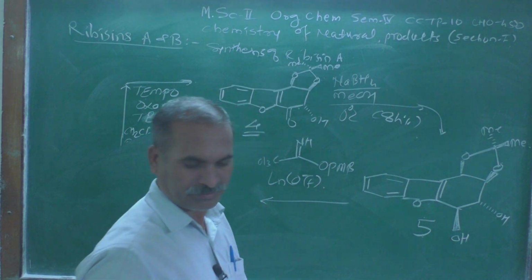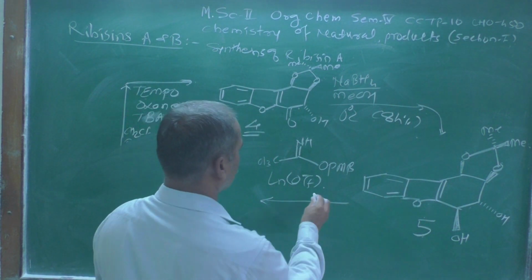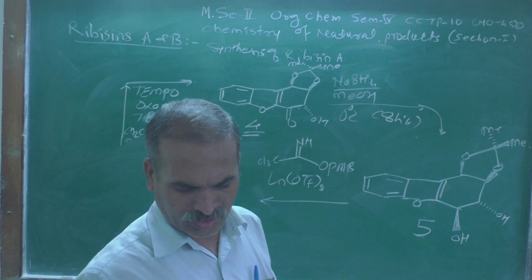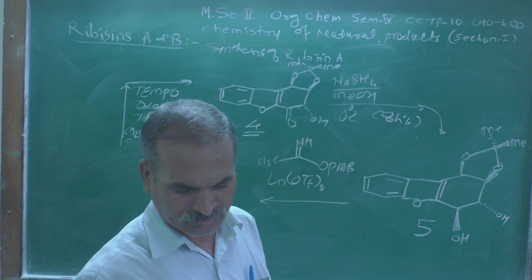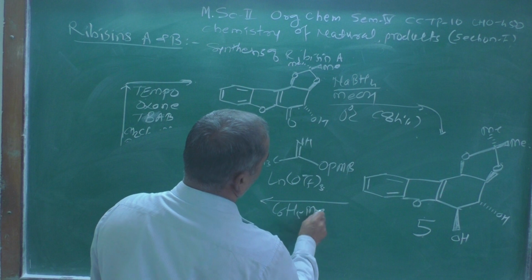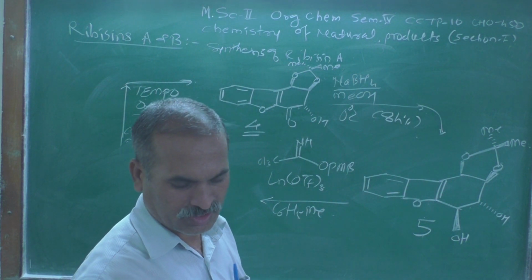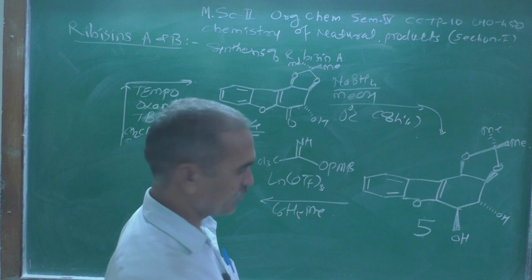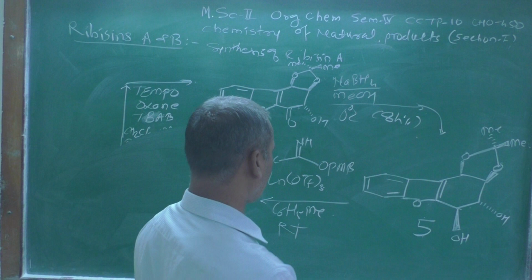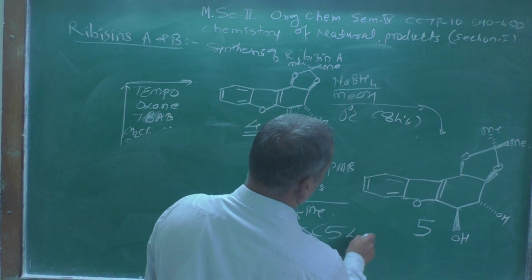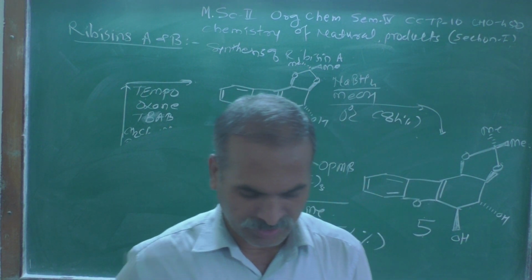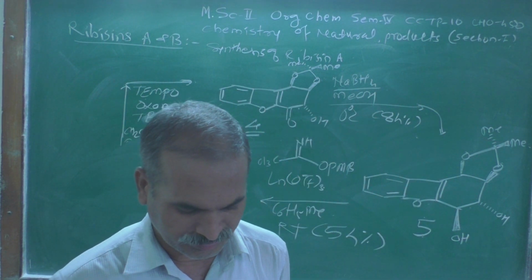Ln(OTf)3, a lanthanide triflate, then C6H5Me, that is toluene, used as a solvent, then stored at room temperature, and the yield obtained is only 54%. That much percentage we got over here.